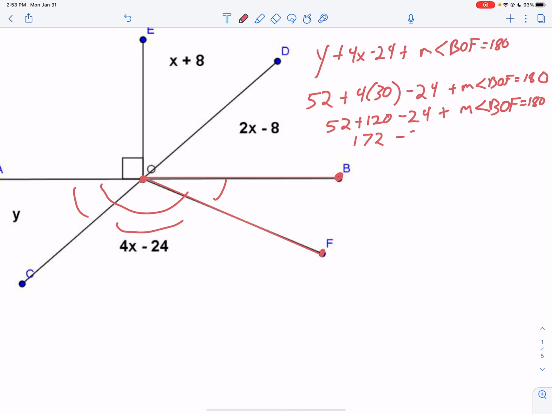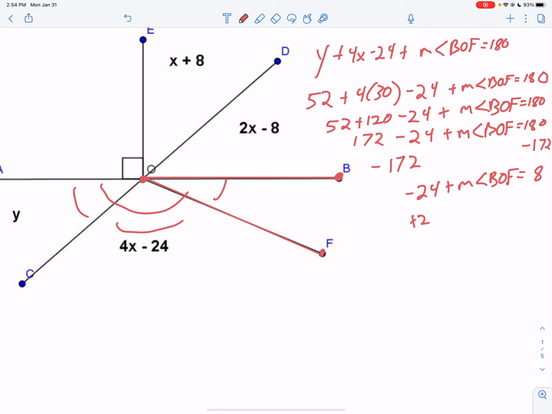Let me show you a little trick if you ever come across this issue where your brain just doesn't want to work. Let's go ahead and subtract off that 172 from both sides. And just kind of leave that right there, because that might actually help us if our brains just aren't with it today. 180 minus 172 is 8.